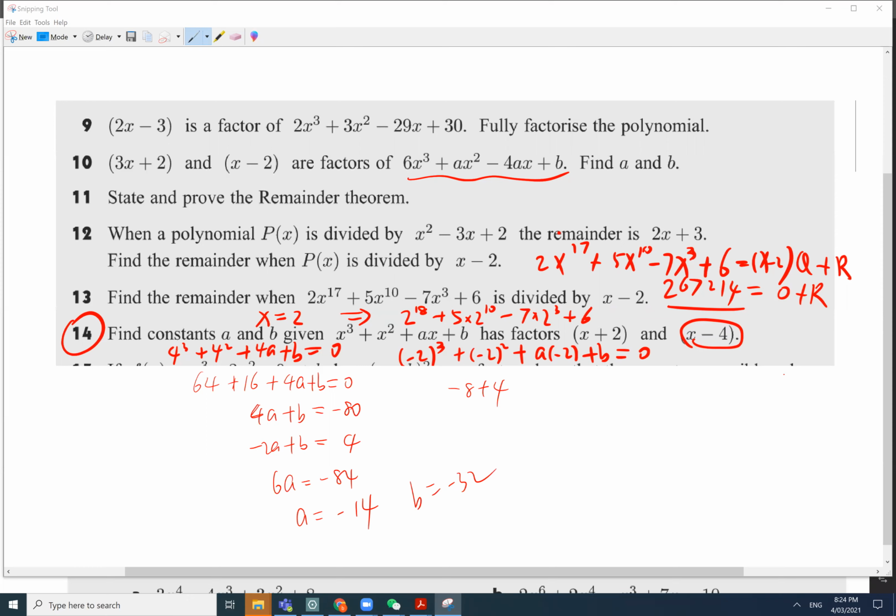Wait, Sam, why is b negative 32? What's your answer? I got negative 24. The answers don't match up. Oh, okay, I'll double check. For 4a plus b, b would be negative 24, I think.